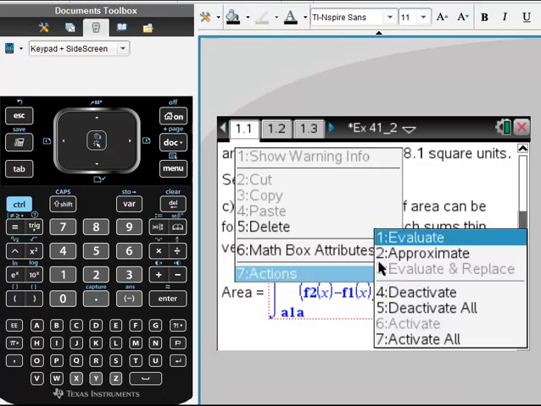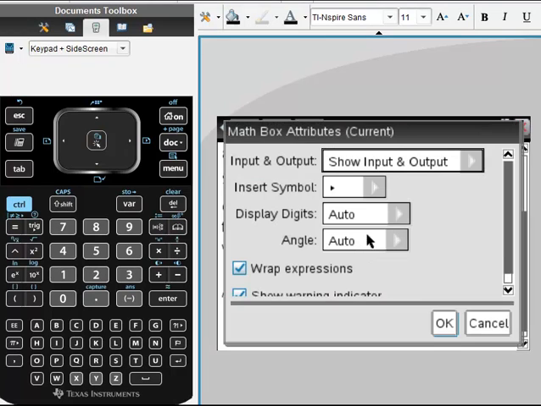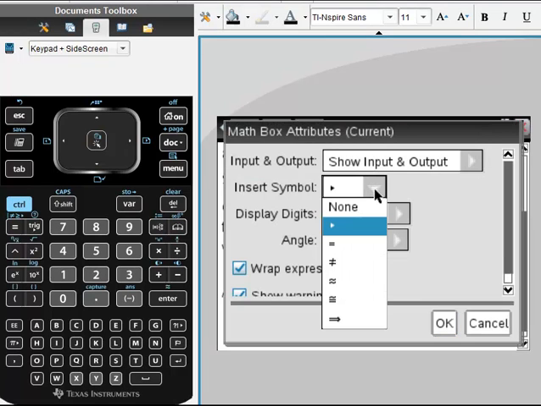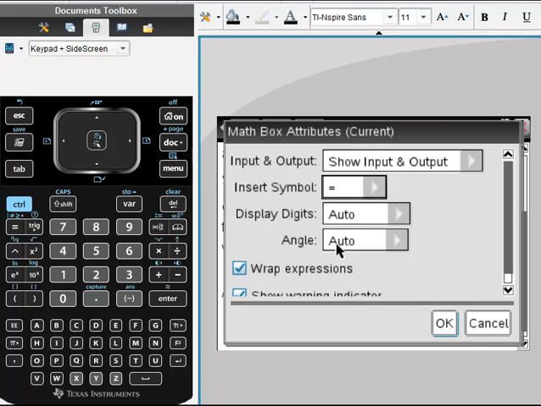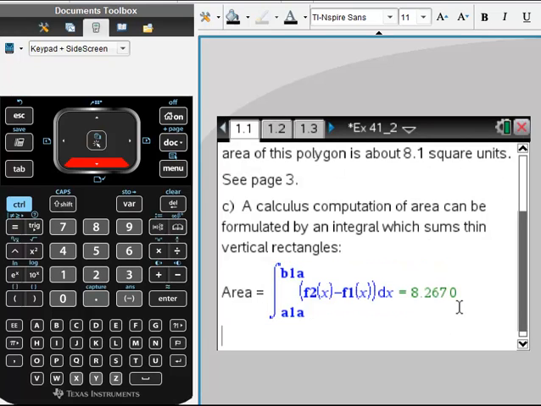Let's format this box a little bit. Instead of that little arrow, I think it looks nicer to have an equal to sign there. And the units of measure here, although they're not really existing, maybe it's just a good habit to keep writing things like square units when you do an area, so you have good habits and you will never forget units of measure when you're doing a real problem.